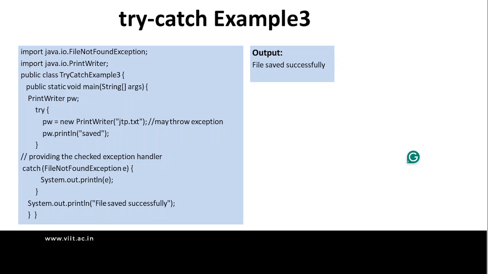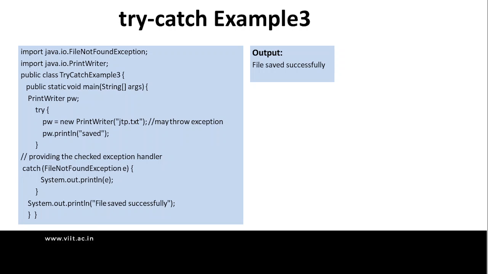Then the third example of try-catch is about a PrintWriter file not found exception. In this case, if you are trying to read a file which is not available, this exception may occur. In the program we are trying to read a file which is not available.